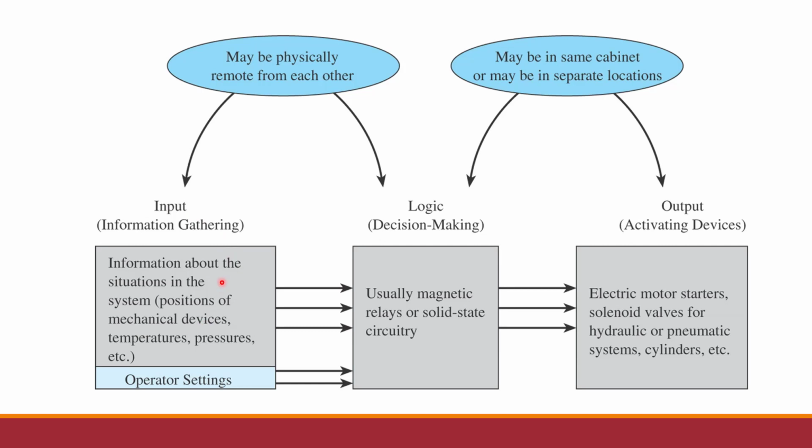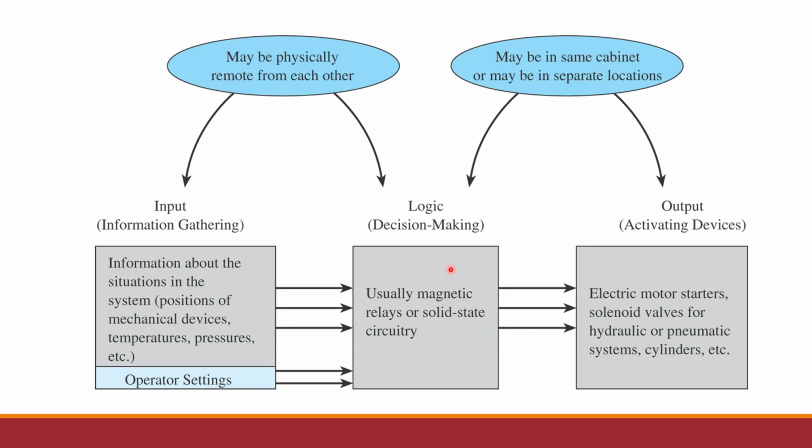The input section is gathering information about the real world. These may be coming from switches, they may be coming from operator settings, it may be coming from transducers that are monitoring different levels of flow or light or heat or viscosity, any of those physical parameters that we might want to keep an eye on.